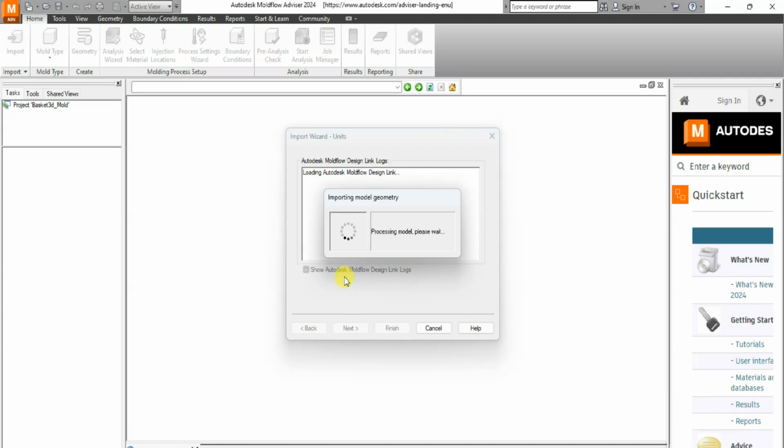Then we'll wait for the preview of what we just imported to be displayed, so we can set some basic parameters.